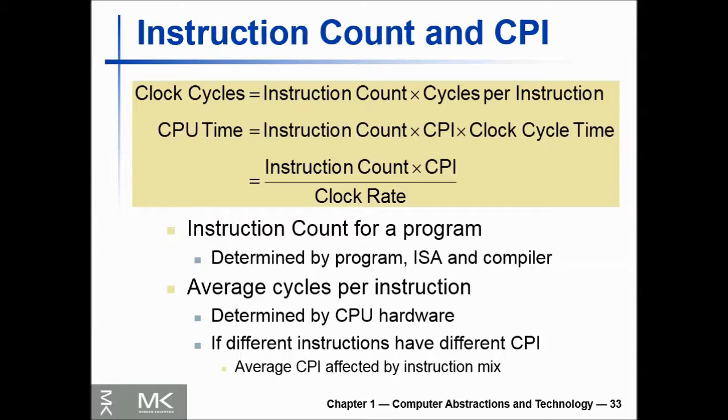CPI provides one way of comparing two different implementations of the same instruction set architecture, since the number of instructions executed for a program will of course be the same.